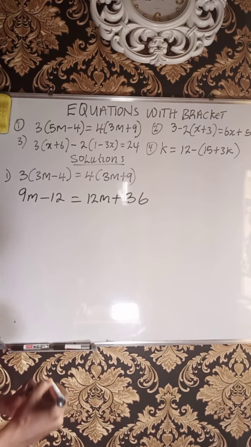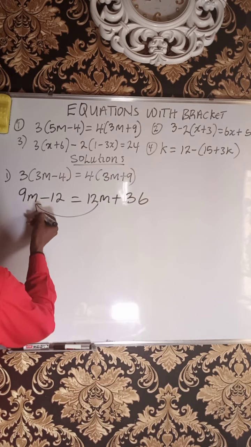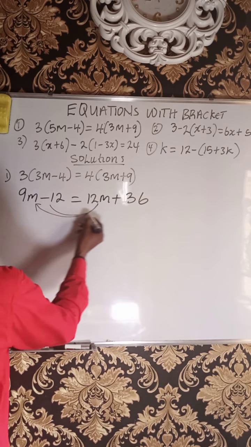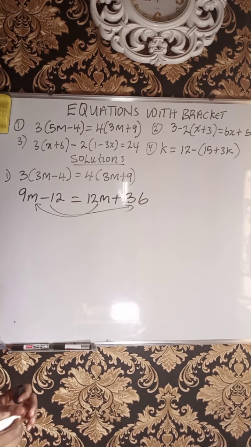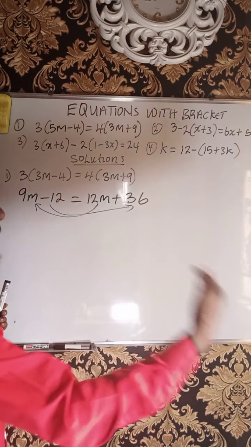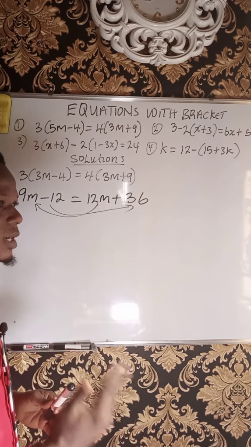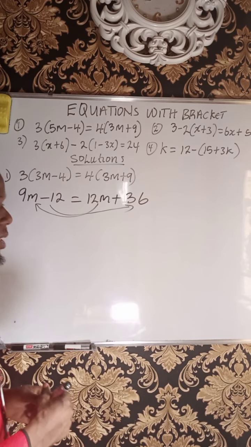Now you've just got to collect like terms, and this 12m will meet 9m, and negative 12 will meet positive 36. Remember, we prefer that letters stay at the left while numbers stay at the right. And whenever any term is moving from one side to the other, the sign will always change.